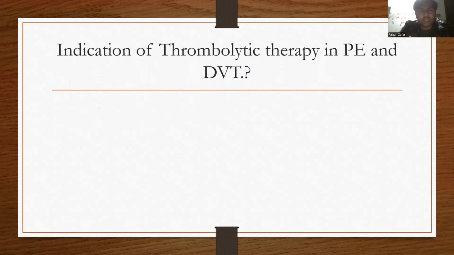Indication of thrombolytic therapy in pulmonary embolism and DVT. Any patient that is unstable, give them immediate thrombolytic therapy. Massive DVT also needs thrombolytic therapy.